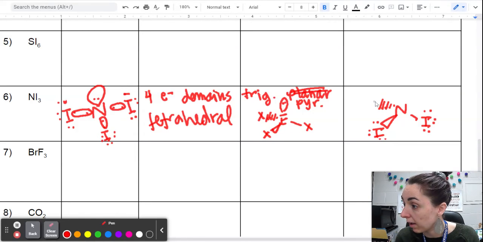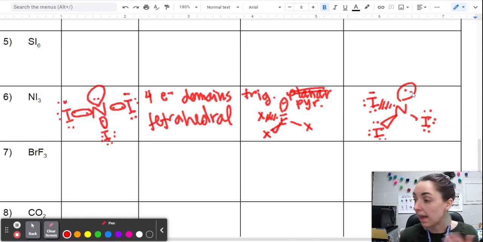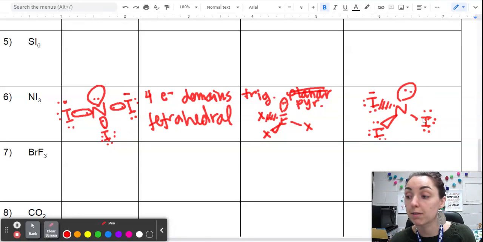So you notice all I'm doing is I'm just taking that picture from our chart and I'm just inserting the atoms I have in the compound I was given. And that's it. That's the correct Lewis structure with geometry. So I started by drawing my dot diagram. My dot diagram tells me how many electron domains I have and how many lone pairs I have, which gives me my molecule geometry. And then I just plug in the actual atoms into my molecule geometry, and you're good to go. There's your Lewis structure with the proper geometry.